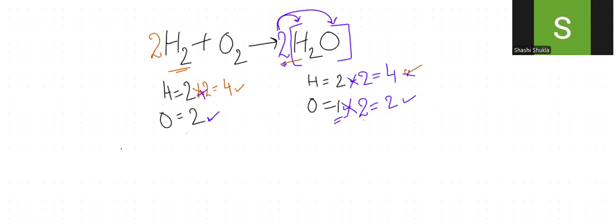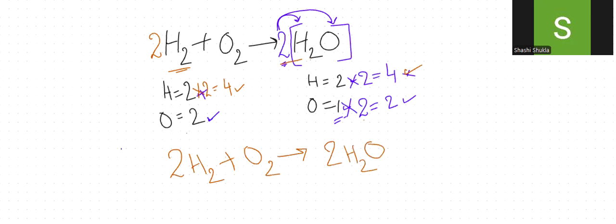So let me write the balanced chemical equation. 2H2 plus O2 will give me 2H2O. So the point to remember here is when you put a number in front of a product or a compound, it's applicable for both. You have to multiply both or all the elements within that compound. Okay.